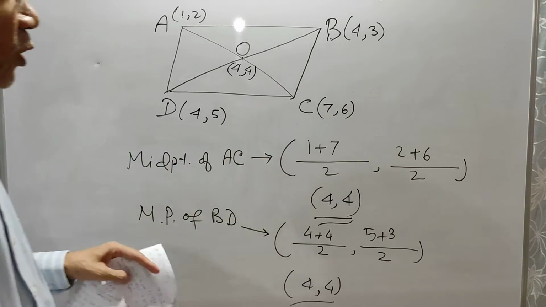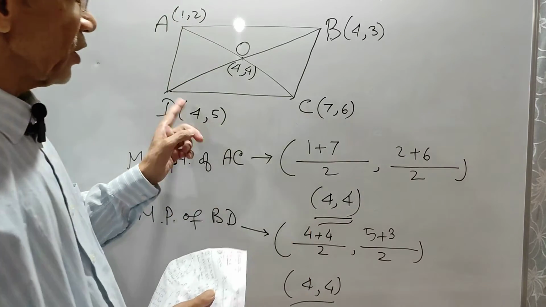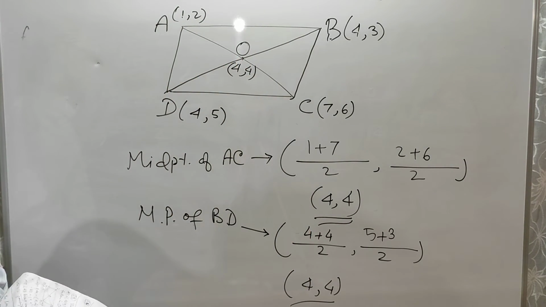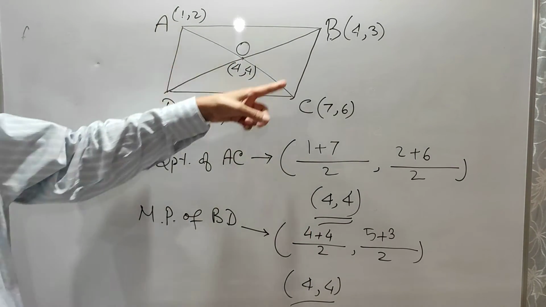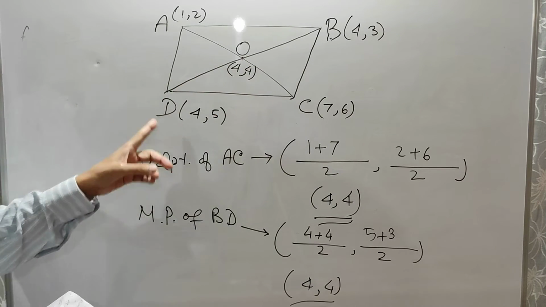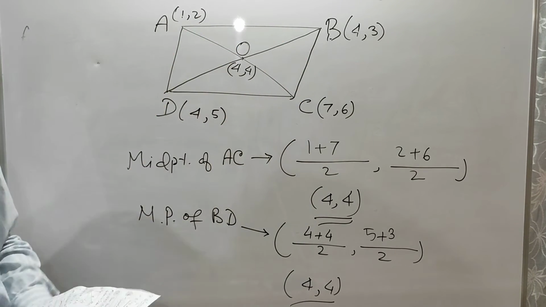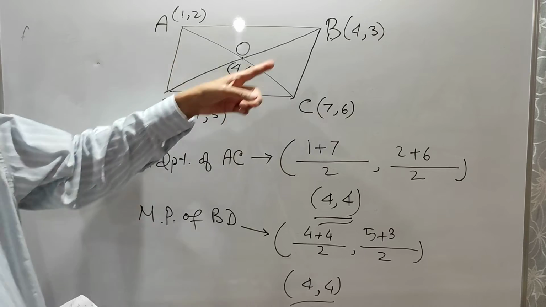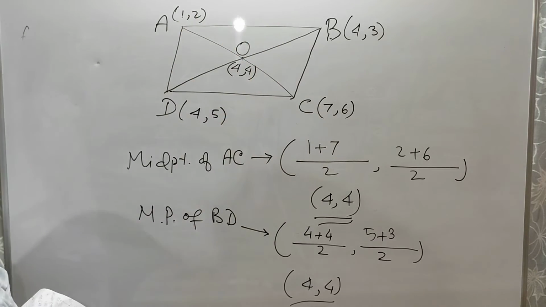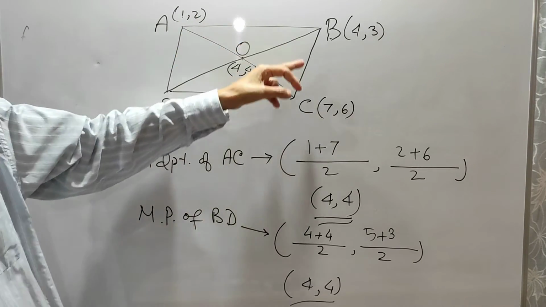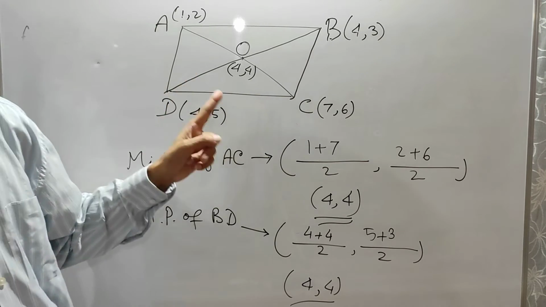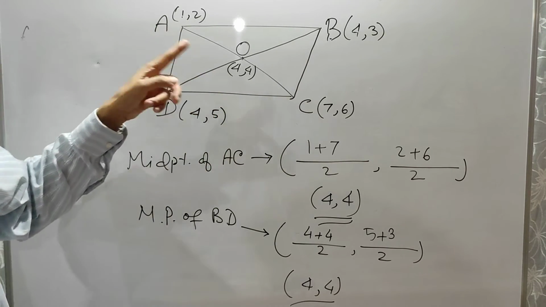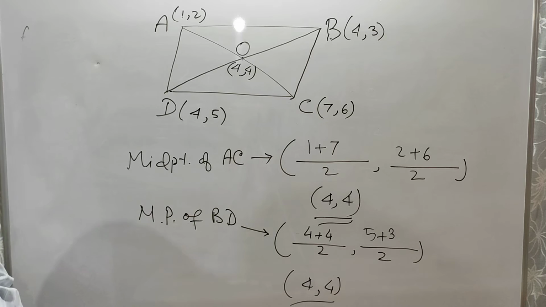So we conclude AC and BD bisect each other, and therefore ABCD must be a parallelogram, because in a parallelogram, diagonals bisect each other. So in order to prove this parallelogram, we have used the important property of parallelogram that diagonals bisect each other. You follow?